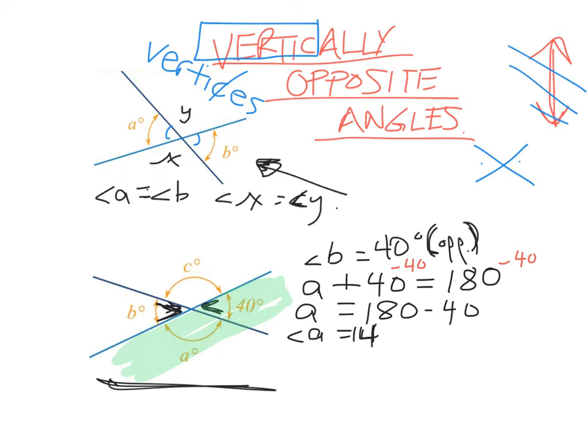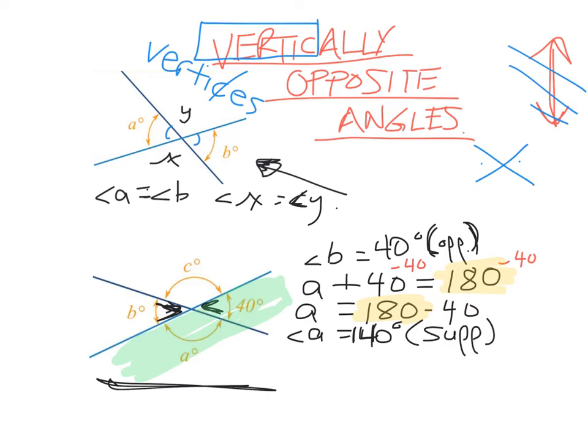I was about to put just 40. 140 degrees, and I know that because of this 180 degree relationship. Two angles equal 180 degrees, so it's going to be supplementary.